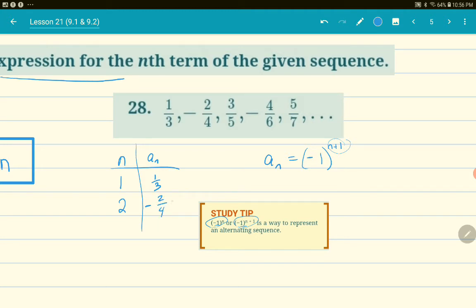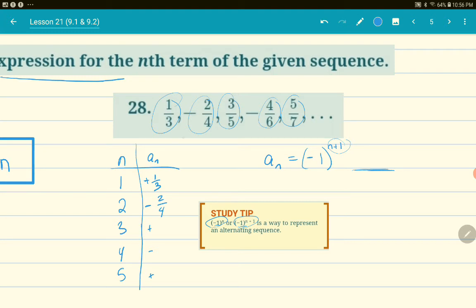So how do I get that 1/3 and 2/4? I know there's a -1 out in front of something, but what is the pattern in these numbers? Just looking at the numbers now. I already figured out the sign, but how do I figure out how to get those numbers? We did figure out that it's going to alternate positive, negative, positive, negative by putting that -1 to the exponent of n plus 1.